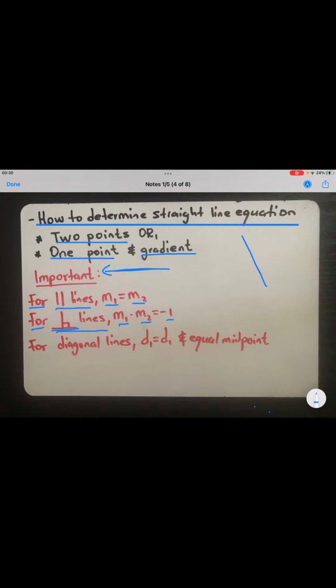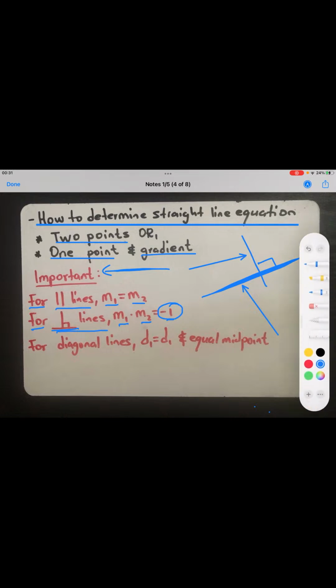For these lines to be perpendicular, they form 90 degrees. So when you multiply the gradient of that line with the gradient of that line, you are going to get a product of -1. Always remember that. It is as easy as that. You will notice how we do calculations involving those.